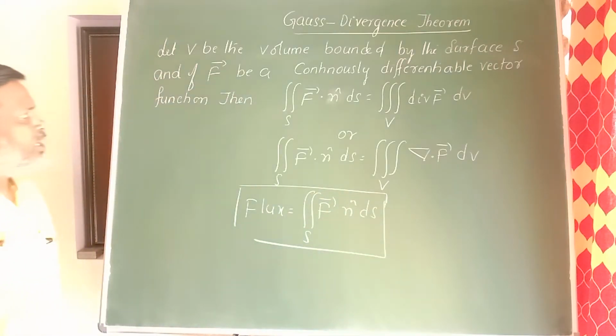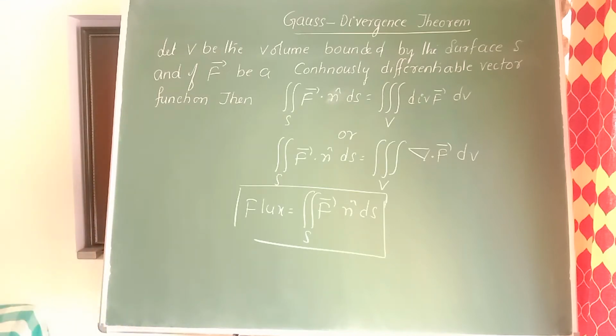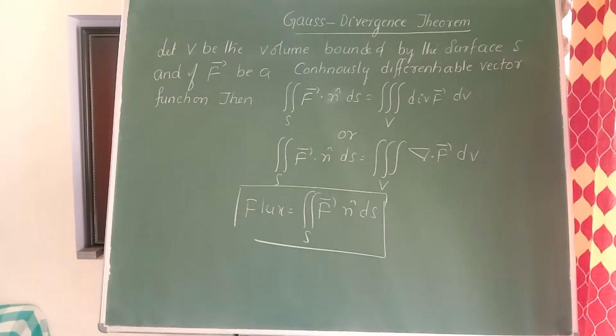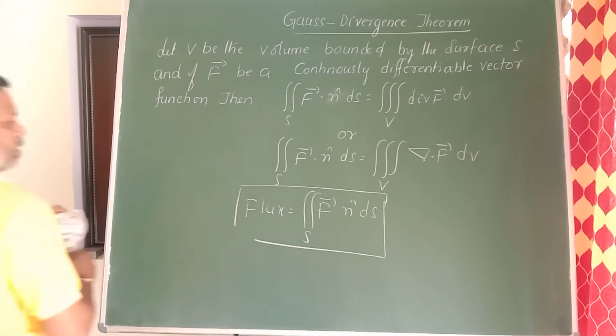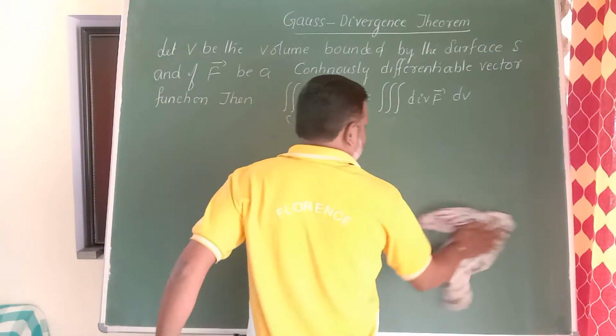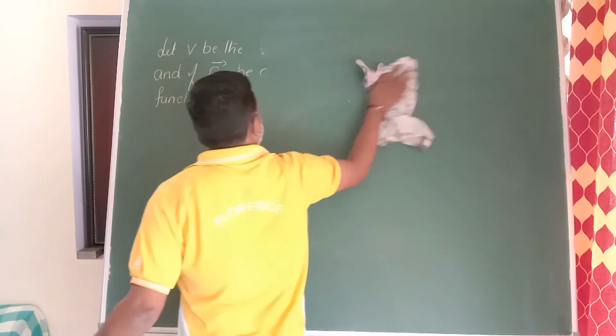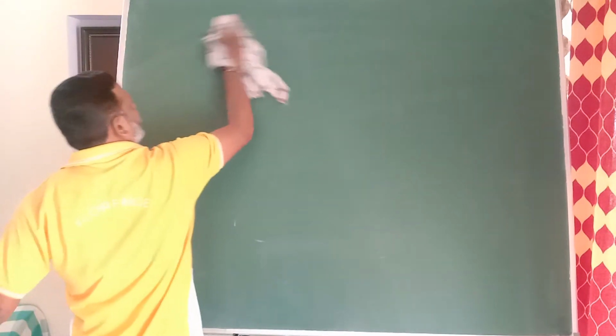Now let us find out some basic problems related with this Gauss divergence theorem. Okay, now let us take one more problem. If F vector is a continuously differentiable vector function.